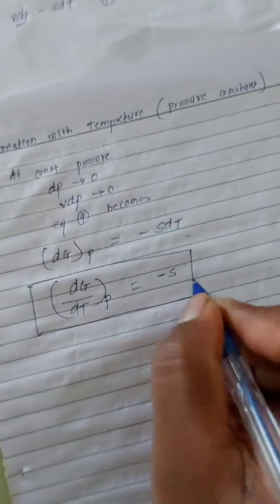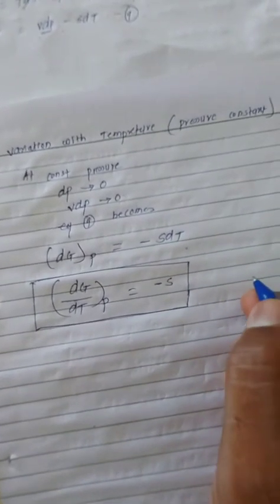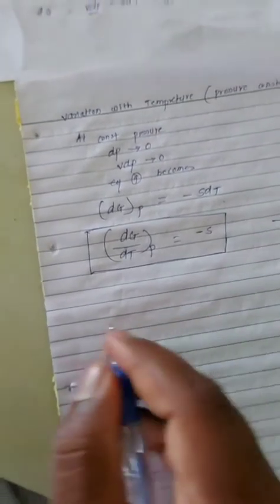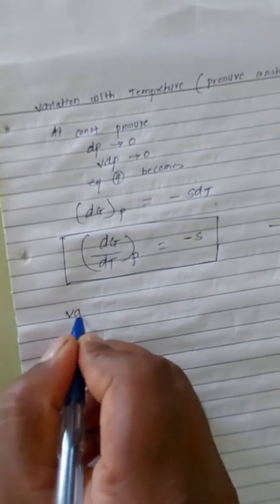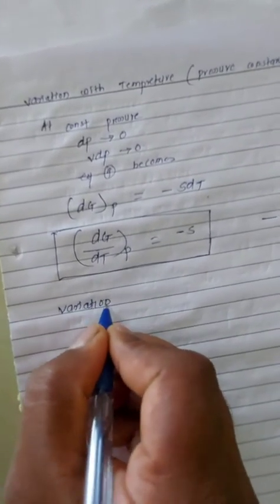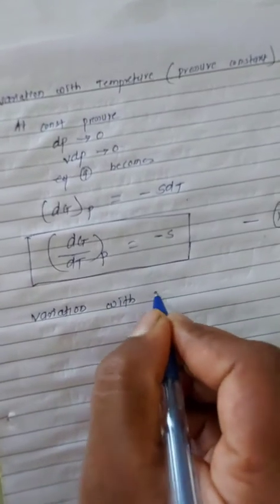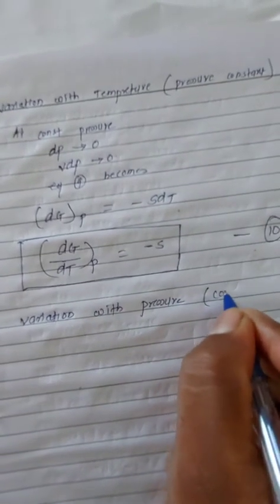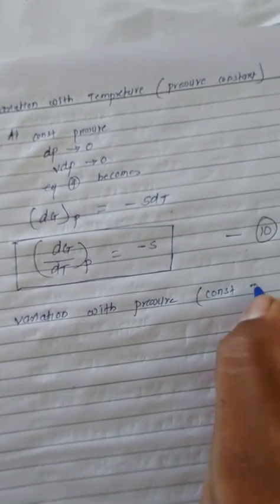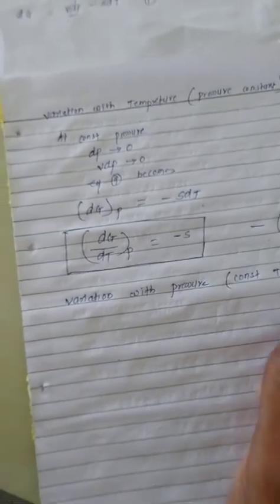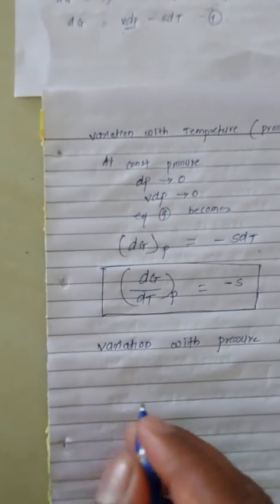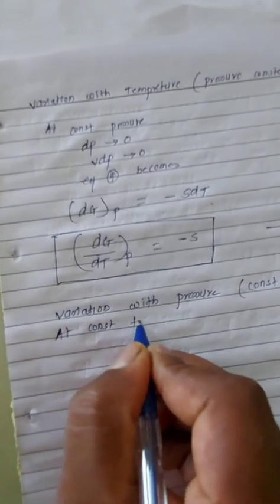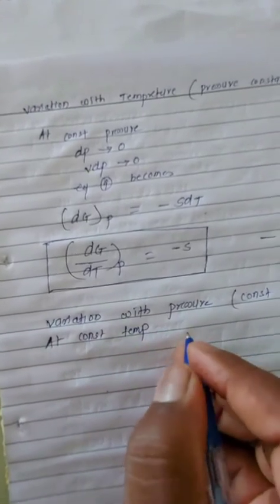This is the variation of Gibbs free energy at constant pressure. This is equation number 10. Then the second point is variation with pressure at constant temperature.